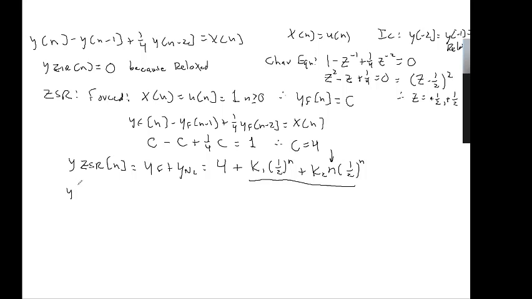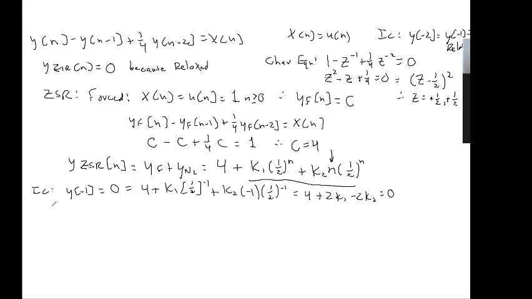We start with initial conditions, y of minus 1. In this case, it's relaxed, and because we're doing a zero state response, it also has to be 0. So that must be 4 plus k1 times 1/2 to the minus 1 plus k2 times minus 1, replacing n, and 1/2 to the minus 1, which is 4 plus 2k1 minus 2k2.